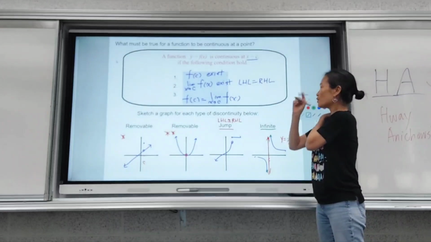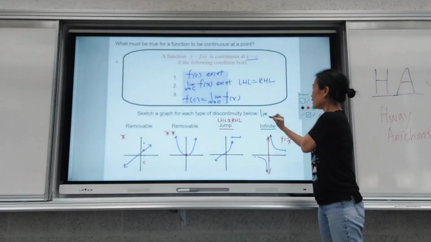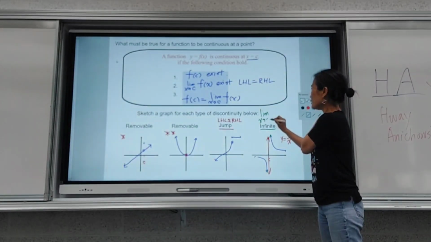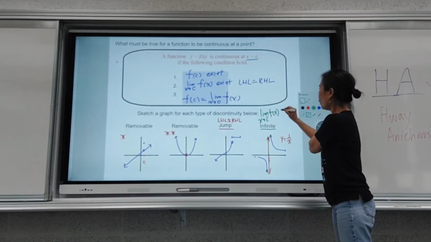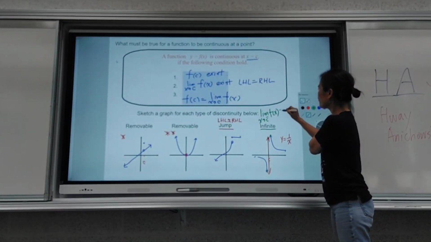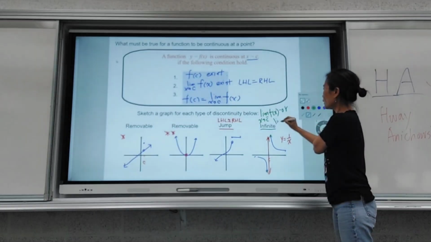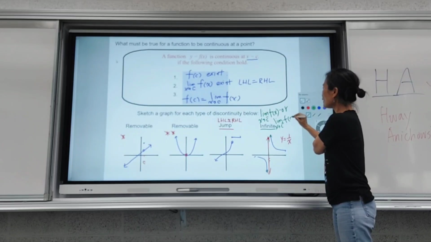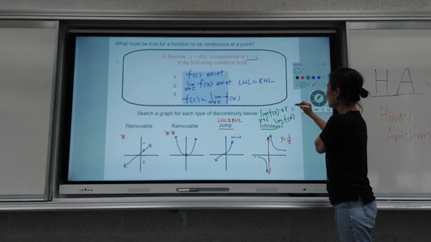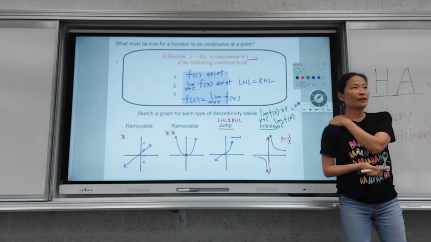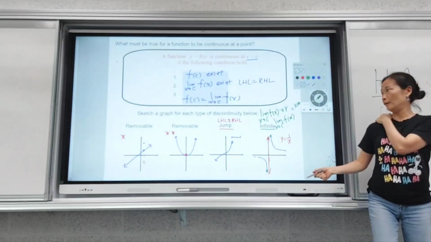If just one of the sides, the limit when x approaches c from the left, or the limit when x approaches c from the right, either side, equals positive or negative infinity, then we say there is an infinite discontinuity.